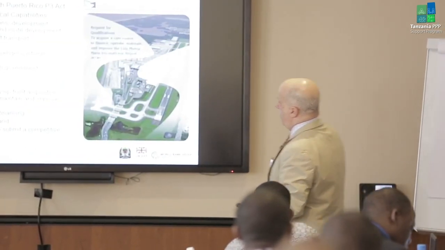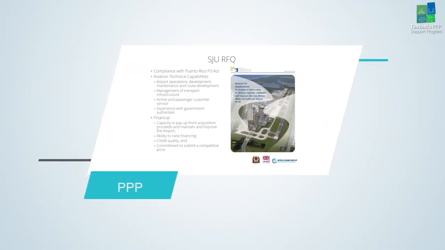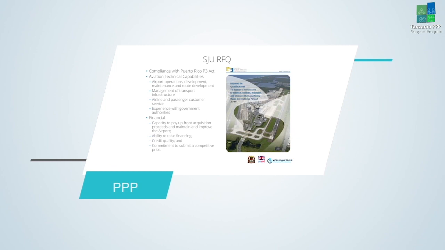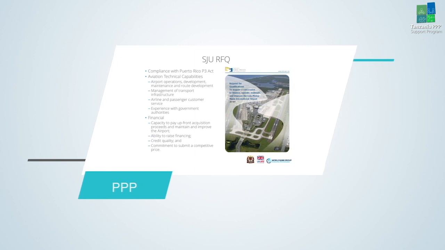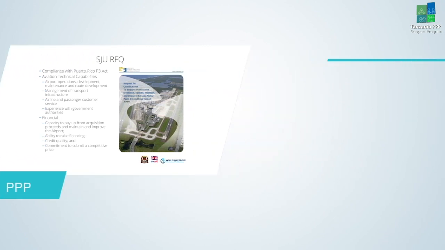So then they issued a request for qualifications. That was in July, almost a year later, July 2011. And in there, in terms of the qualifications, they wanted to know, do they have experience operating an airport? Transportation infrastructure. What about airline and passenger service? Do they have experience with that? Have they worked with government authorities?